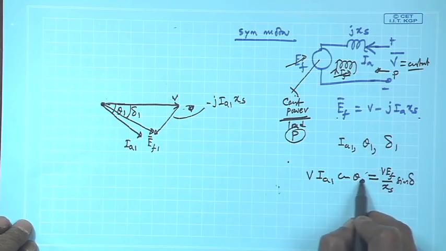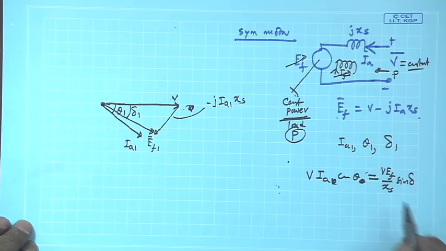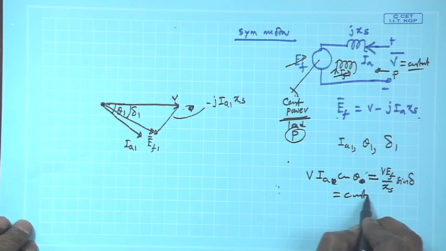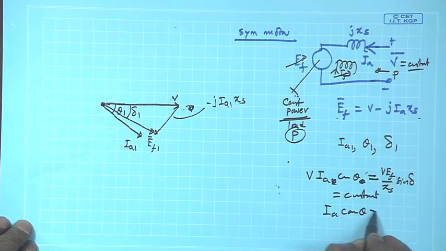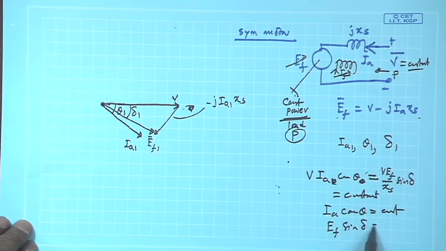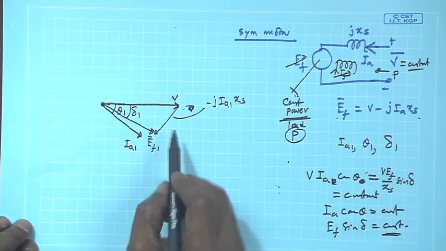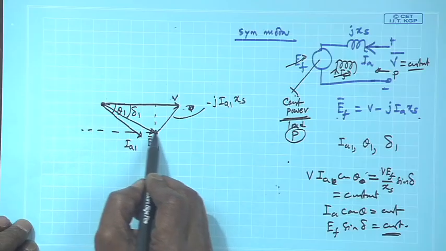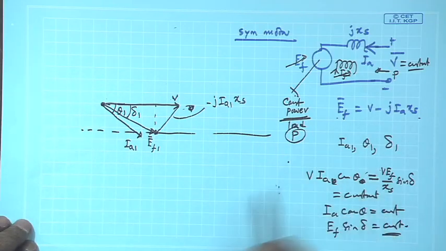So, as a general I A theta thing, it will be this. Once again, if this is constant, I A cos theta has to be constant, and E f sin delta also has to be constant. E f sin delta means this length. So, the E f phasor must lie on this line now.